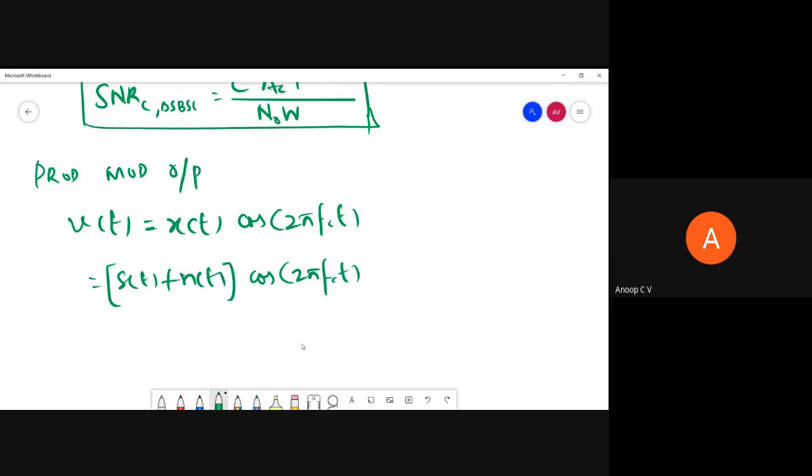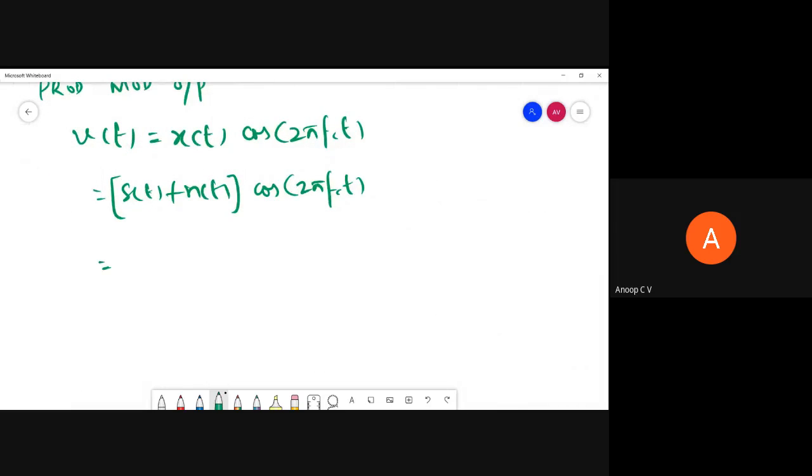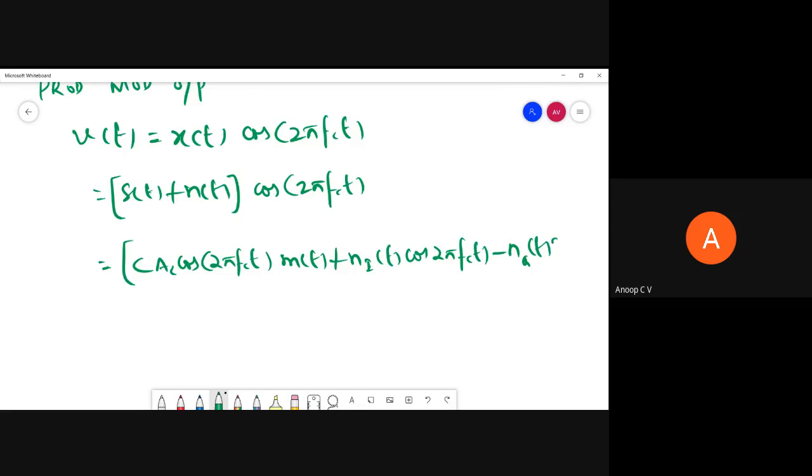And this S of t is equal to Ac cos 2 pi fct times M of t, plus N of t, which is Ni of t cos 2 pi fct minus Nq of t sin 2 pi fct. This entire thing is multiplied by cos 2 pi fct.